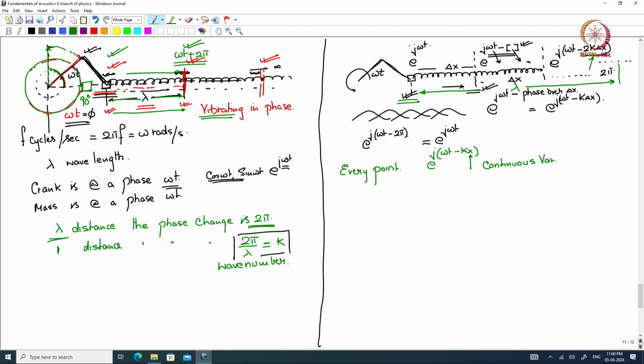So, starting with the first point, which is at x equal to 0, which is rotating along with the crank, every point to the right is delayed a little bit in receiving the information: k delta x, e to the power j omega t minus 2k delta x and so forth, till you reach a point which is e to the power j omega t minus 2 pi. Okay. And this point and the first point will be moving in phase, and that distance will be lambda, the wavelength.